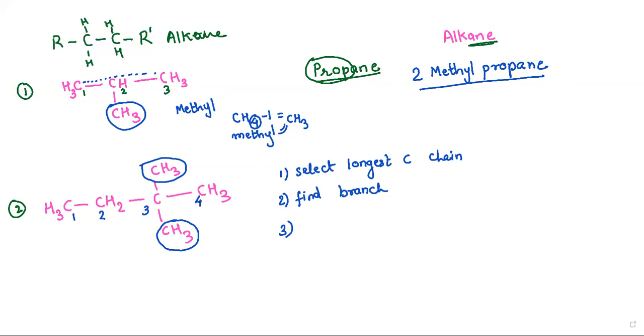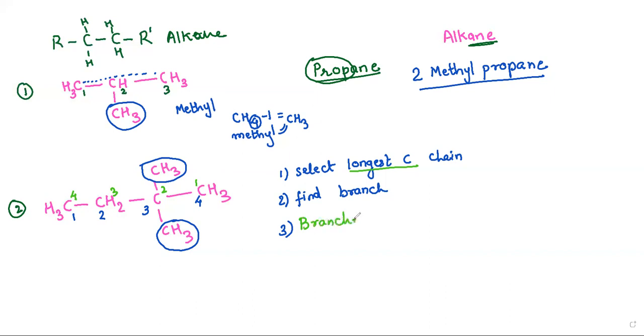This is the way I can number the carbon atoms present in the straight chain, the longest chain, right? Now let's go with another carbon numbering, that is 1, 2, 3 and 4.